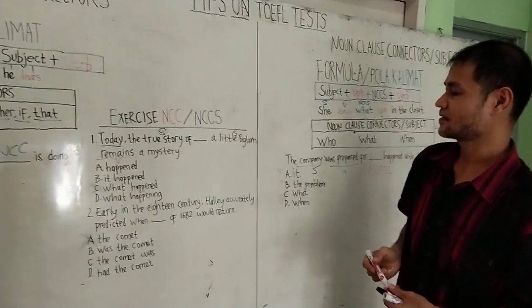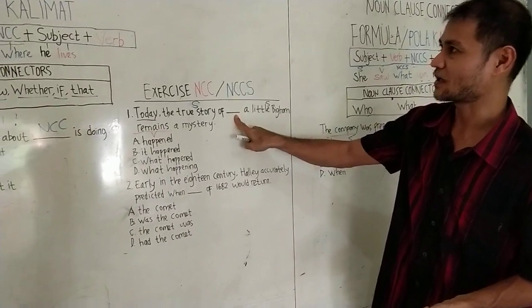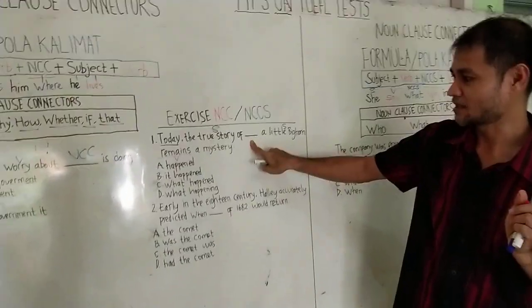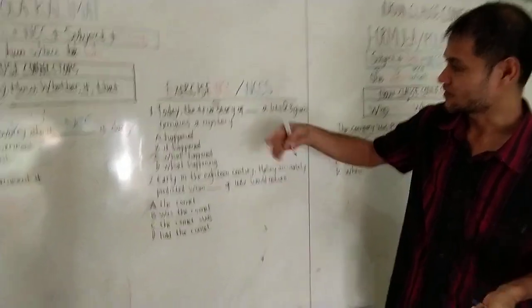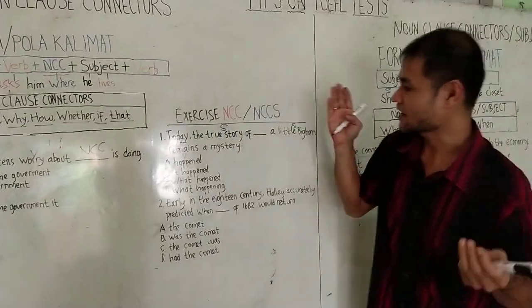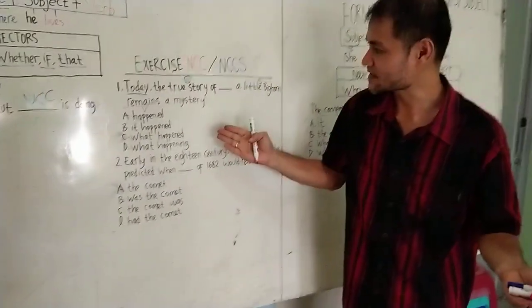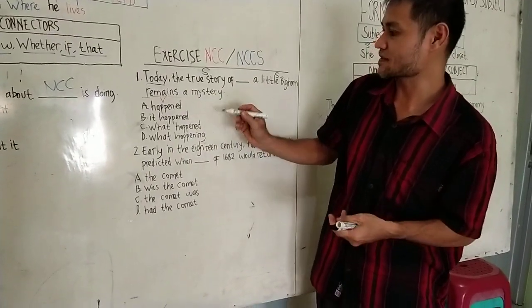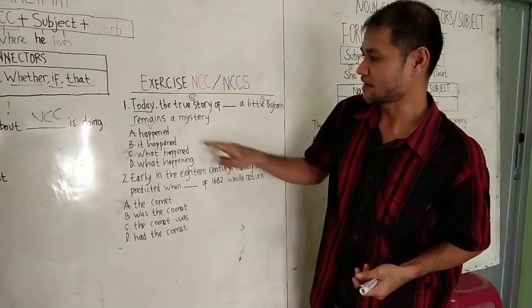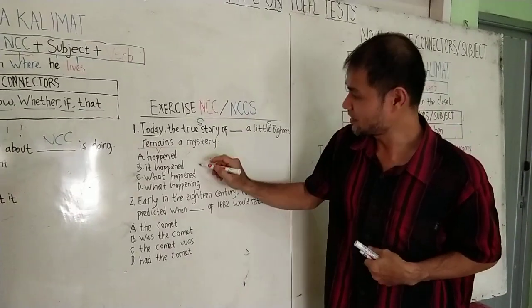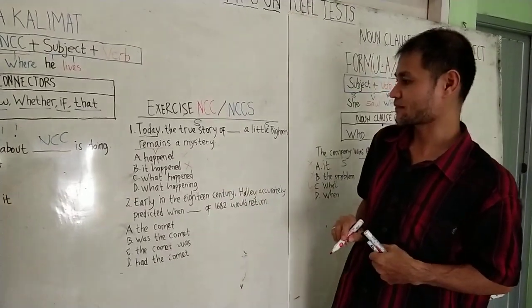Okay, what is missing here? Of course, it is missing a connector, but you see the multiple choice. Which one has the connector? A, of course, incorrect. It has no connector, and it needs a connector here. B, incorrect.